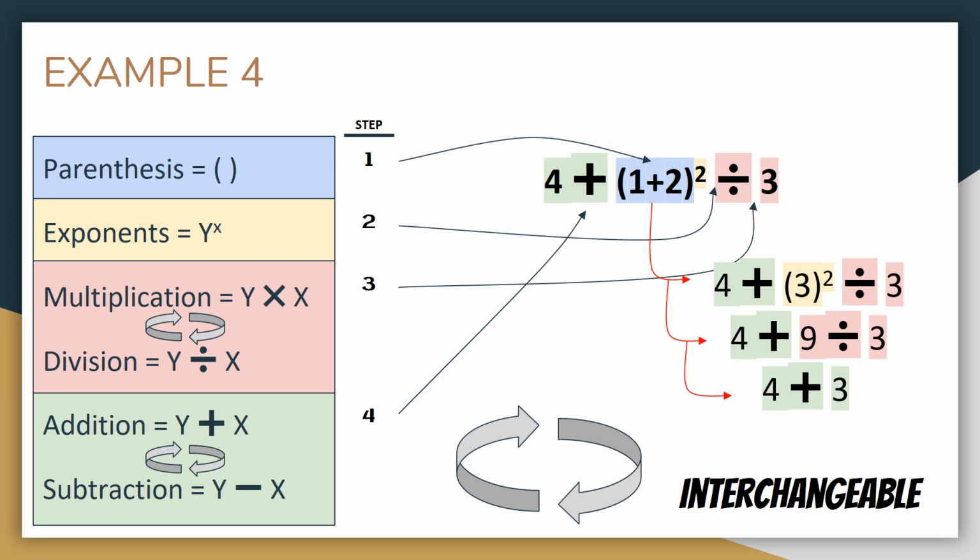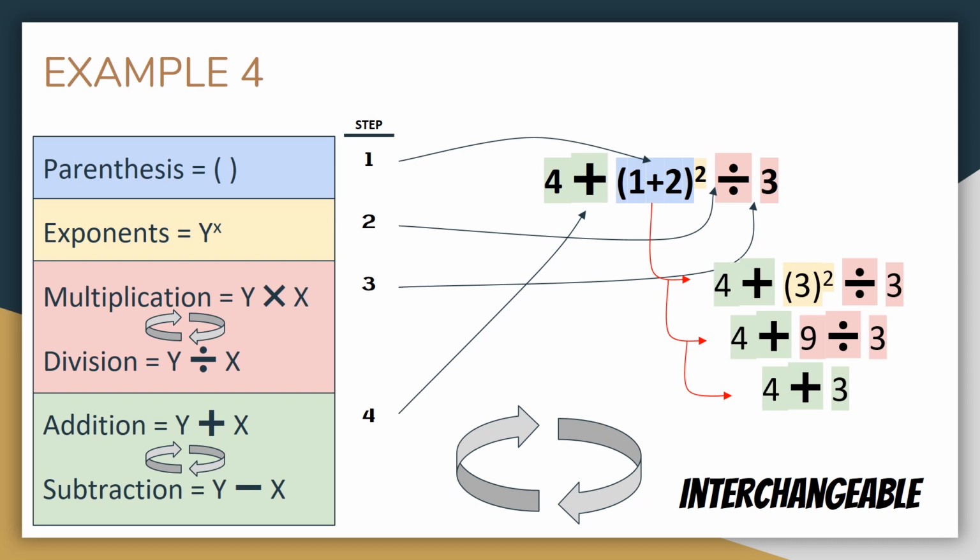So now, once we rewrite everything, we see here that we have 4 plus 3. Now we ask ourselves, all right, what is PEMDAS going to tell us to do? Well, PEMDAS is going to tell us to do the last step, tier level 4. At that level, you have to do addition or subtraction, whatever, again, comes first.